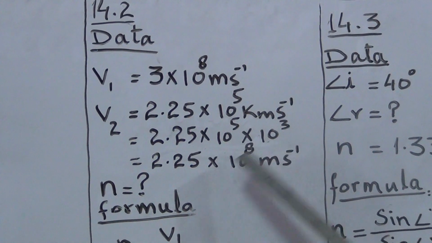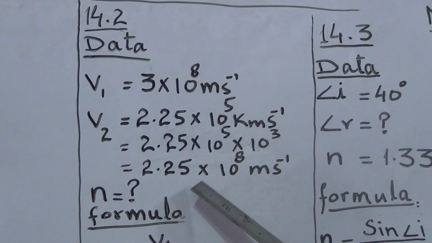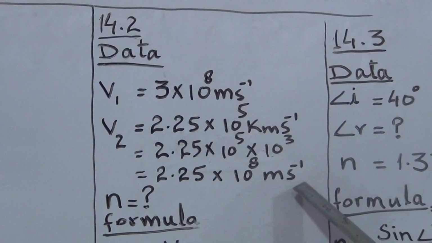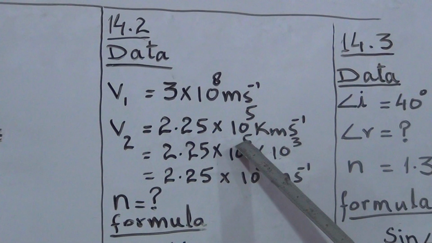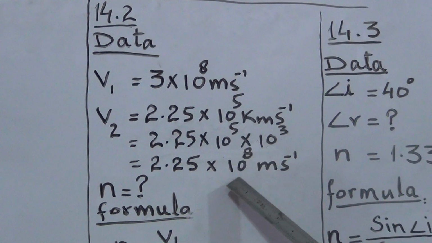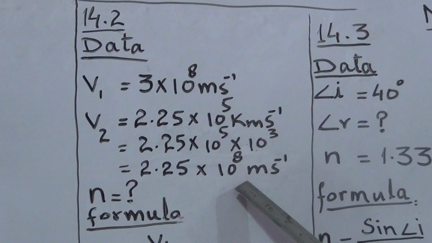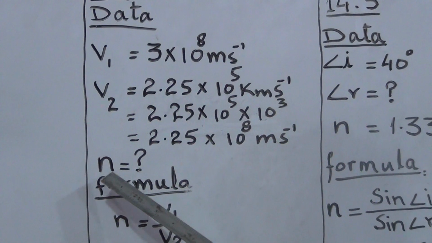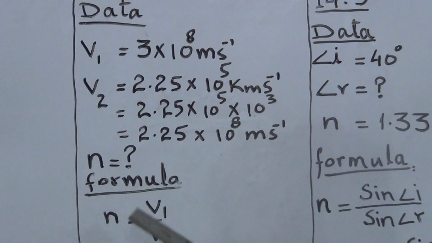So you will multiply when going from a bigger unit to a smaller unit. By multiplying, 2.25 into 10 raised to 8 meter per second. These powers are added, it becomes 10 raised to power 8 meter per second. Now you have to find out n, the refractive index.